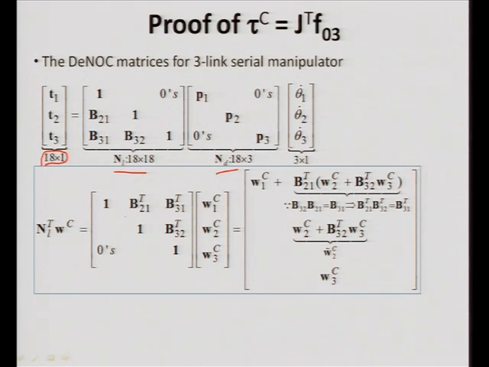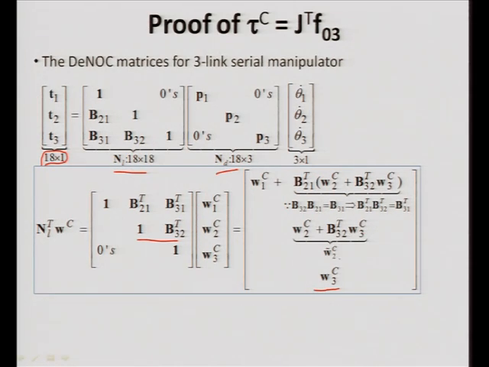So, 1 is 1, B21 transpose goes here, B31 transpose goes there and B32 transpose there and 1, and I write them as W1c, W2c, W3c. Okay. Then I start from the last element, because it is multiplied with the identity matrix. So, this remains as W3c, no problem. This here becomes W2c plus B32 transpose W3c.